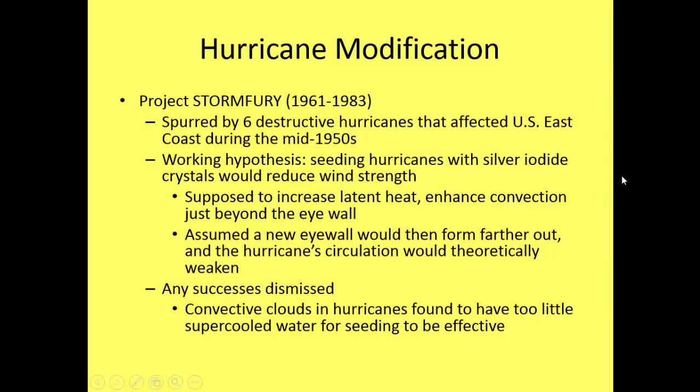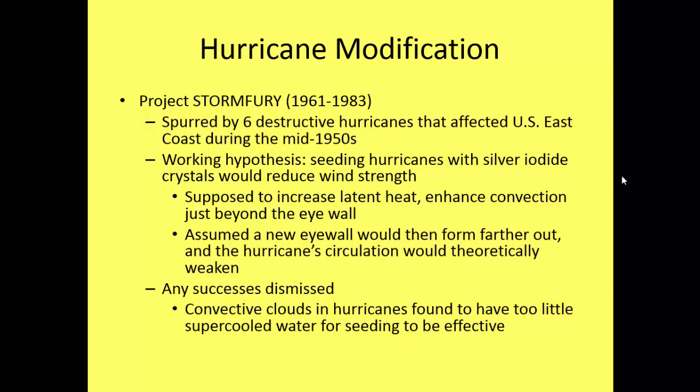Okay, hurricane modification. Is there a way we can go out and do something to these hurricanes as they come in off of the coast and perhaps weaken them before they hit the coast? Well, you can see the second dash down, this working hypothesis, that if we seed hurricanes with silver iodide, could we possibly reduce the wind strength?